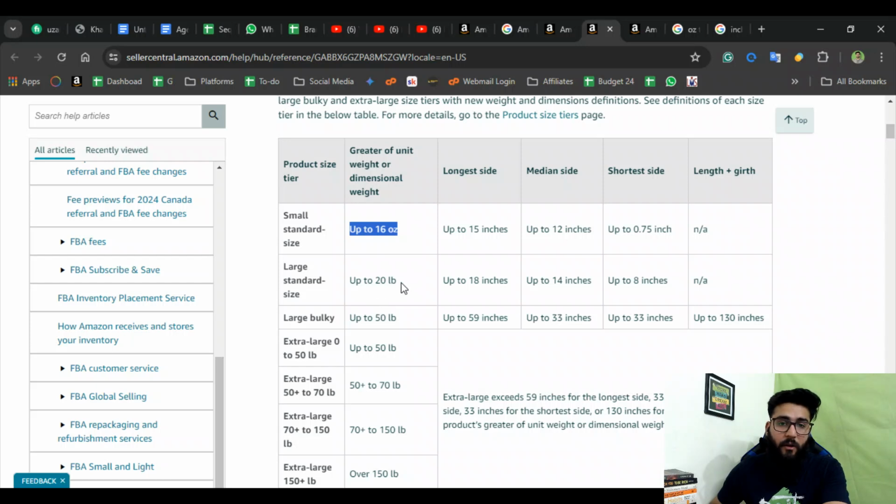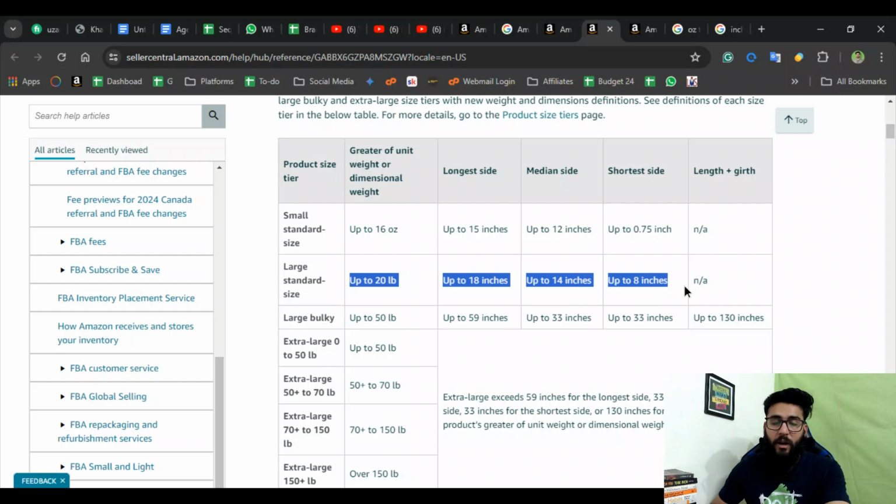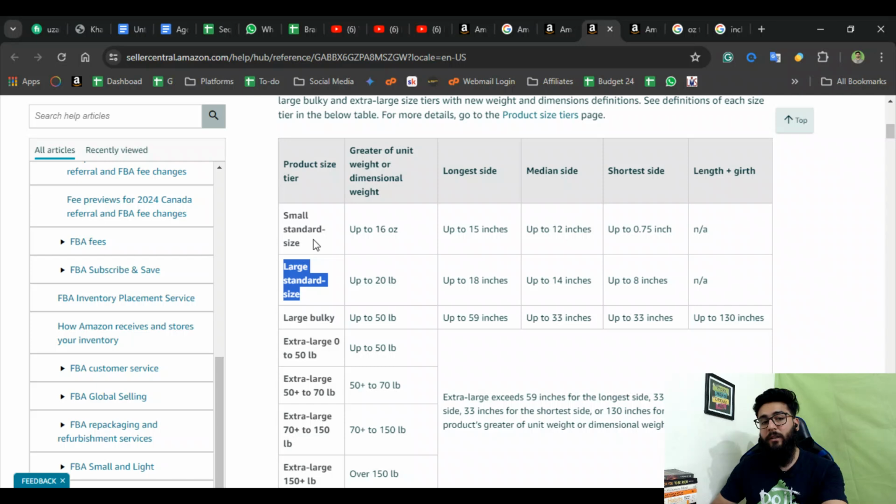So now we have to think logically and apply our creativity. Is there any way we can reduce our product dimensions as well? If yes, then we can move a product from large standard size to small standard size.